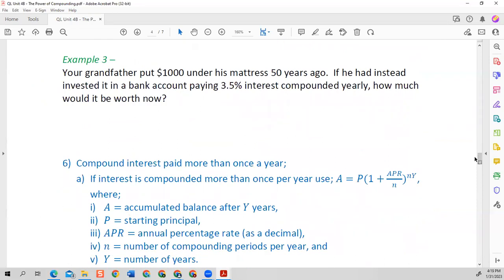Your grandfather put $1,000 under his mattress 50 years ago. If he had instead invested in a bank account paying 3.5% compounded yearly, how much would it be worth now? So let's use our formula. Started out with $1,000. We're going to add to our interest, and let's write it in decimal form. We're going to raise it to the power of 50 years, and then type it in your calculator.